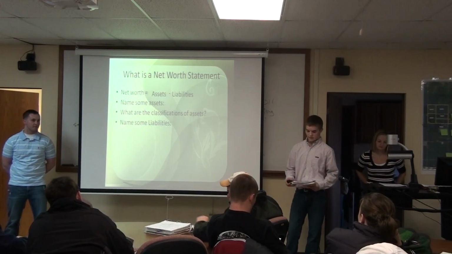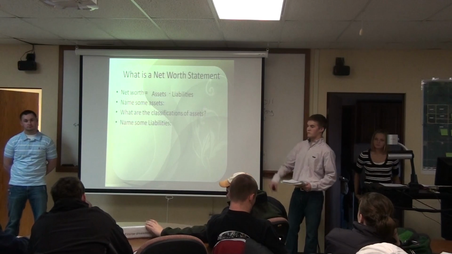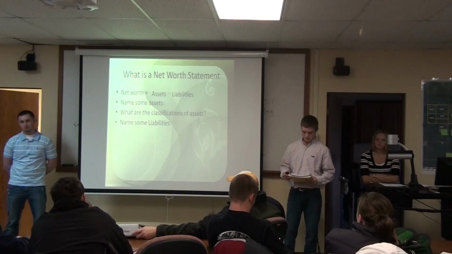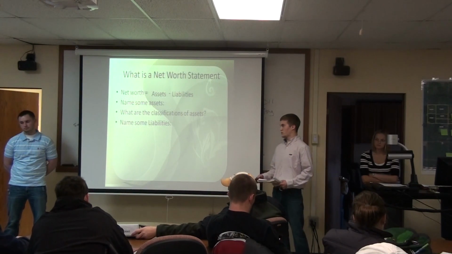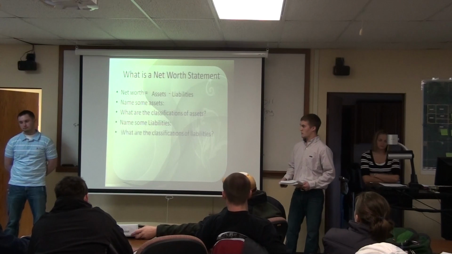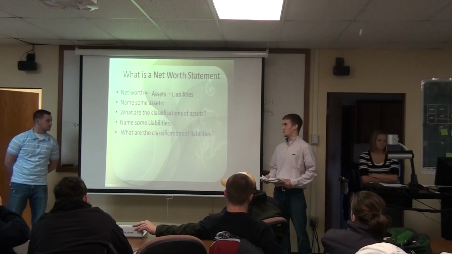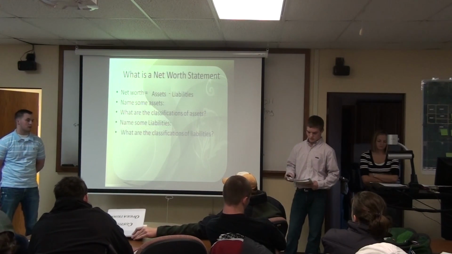Liabilities, you name some liabilities. How do you acquire some of this stuff? Take out loans, sign leases, right? Taxes would be a liability, mortgages for a house or a building. Classification of liabilities is basically the same: current, fixed, intermediate, long term.